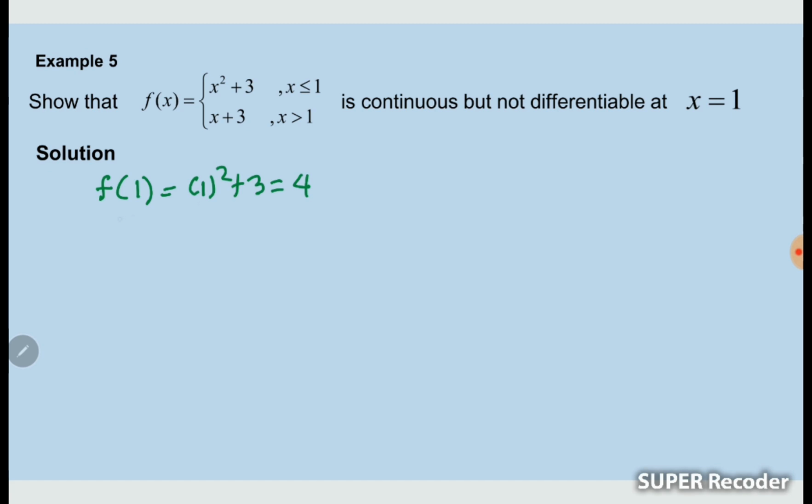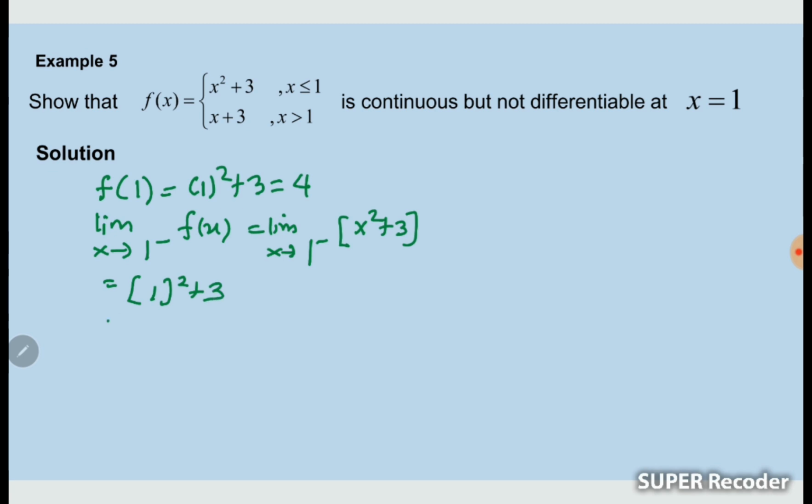Second one, find out the limit when x approaching 1 from the left for the function f(x). Left means less than 1. So the function is x squared plus 3. So the answer is 1 squared plus 3, that is 4.